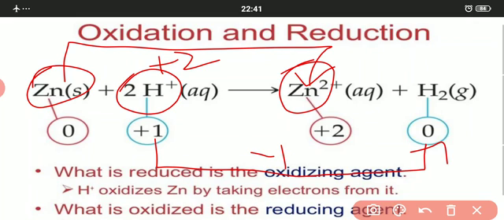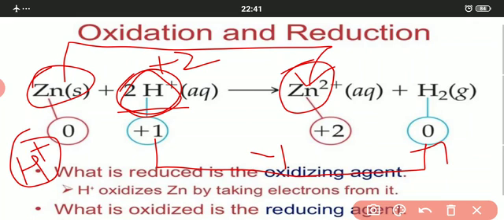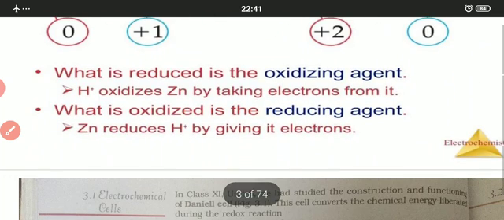So hydrogen is reduced in this reaction. So here zinc gets oxidized with the help of hydrogen, so hydrogen is the oxidizing agent. Now hydrogen is reduced with the help of zinc, so zinc is the reducing agent. Okay.